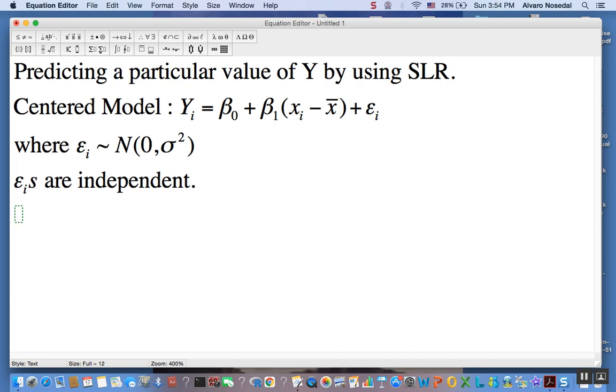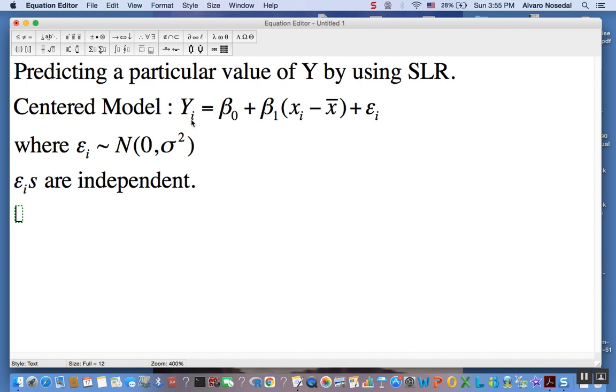These assumptions about the error have some consequences for the distribution of the y's.